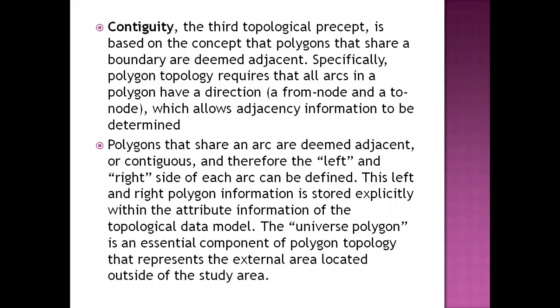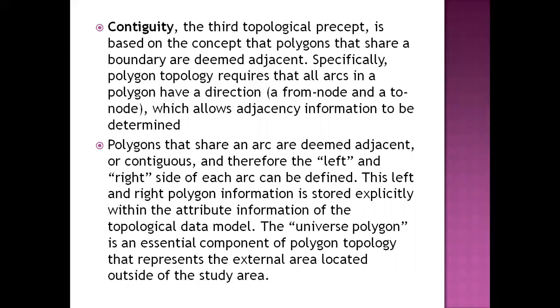Polygons that share an arc are deemed adjacent or contiguous, and therefore the left and right side of each arc can be defined. This left and right polygon information is stored explicitly within the attribute information of the topological data model.